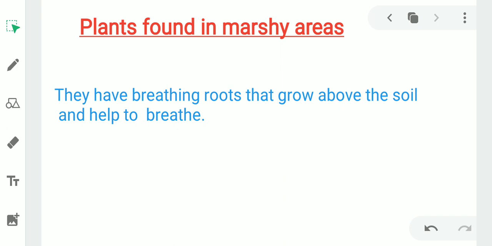Roots of plants in marshy areas are not able to breathe. So for breathing, some roots grow above the soil and help to breathe. So plants in marshy areas, they have breathing roots that grow above the soil and help to breathe.